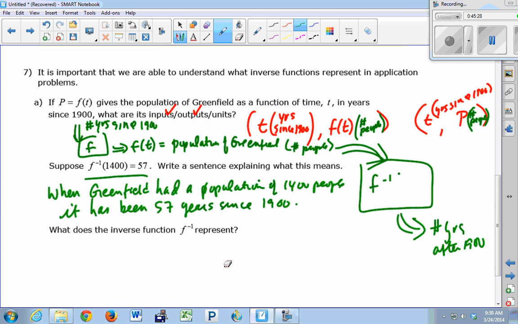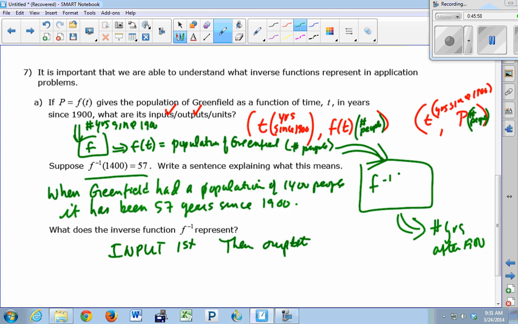Since 1900? Right, so given the population of Greenfield, you can figure out where you are in time, the number of years after 1900, right? So look at your input. This always helps you write the sentence. Look at your input first, then your output. That helps you write the sentence.